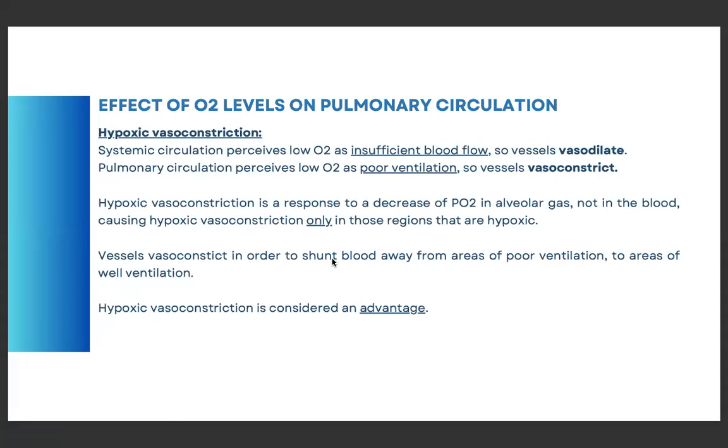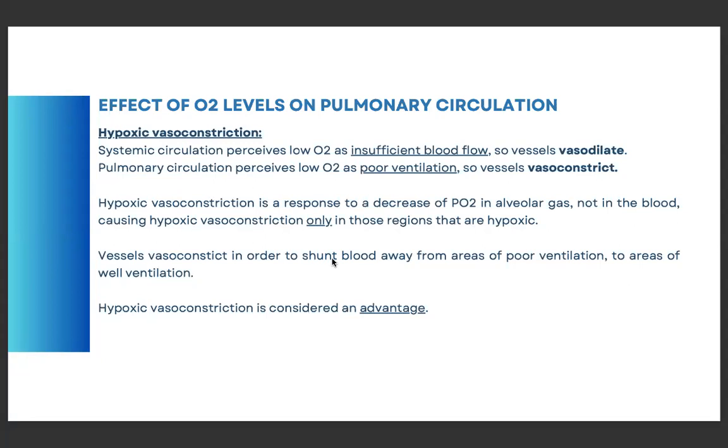So let's go for an example that will probably clear things up. Let's say that some area in the lungs is diseased or damaged, like for example, pneumonia in the left lower lobe. So the partial pressure of oxygen in those alveoli will be low, and that would decrease oxygen delivery to the blood flowing into that region of the lung.